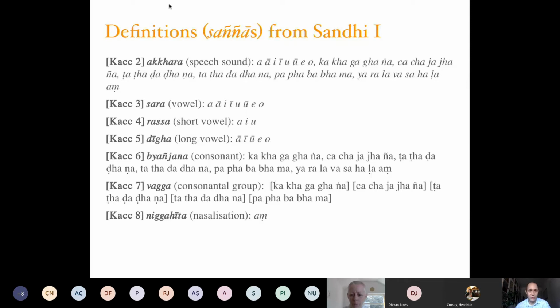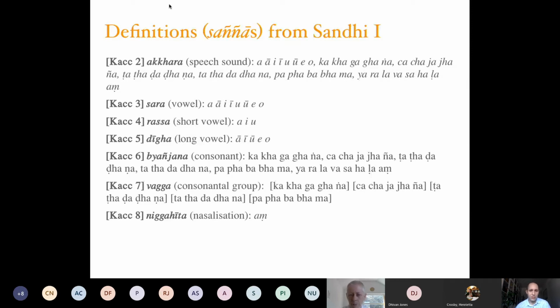When we say akkara, it can mean any of these sounds. Rule 3 defines sara, that means vowel, and these are the vowels in Pali: a, I, u, e, o. And within the vowels, you have rasa, short, a, I, u, diga, that means long, a, I, u, e, o.